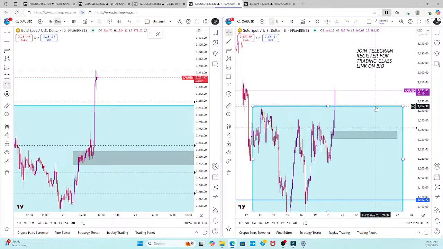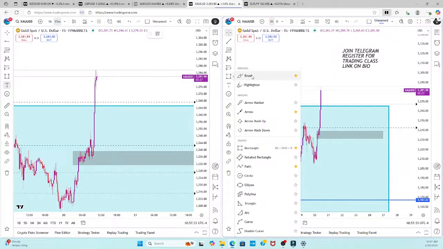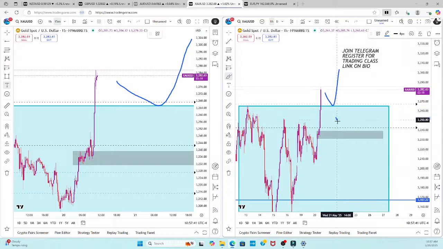Number one would be a good area to go long. And then number two area to go long, you have 32.52. So either the price comes back and bounces off from 32.65, or it will come down to 32.52 and then it goes long.